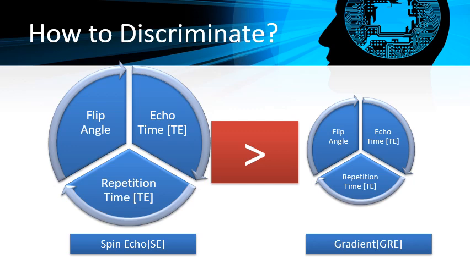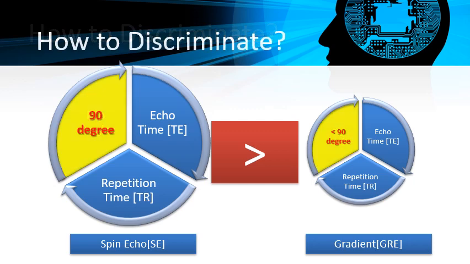However, the fastest way to discriminate between the two families is to look at the value of the flip angle. If you find the flip angle equals 90 degrees, you are dealing with a spin echo sequence. While if you find it less than 90 degrees, you are dealing with a gradient sequence.